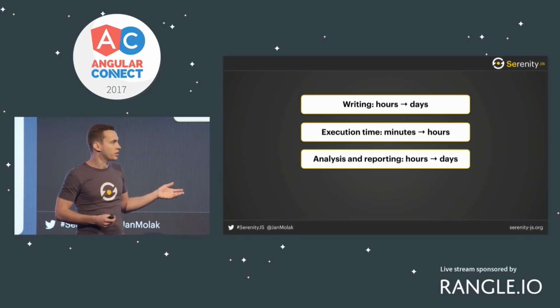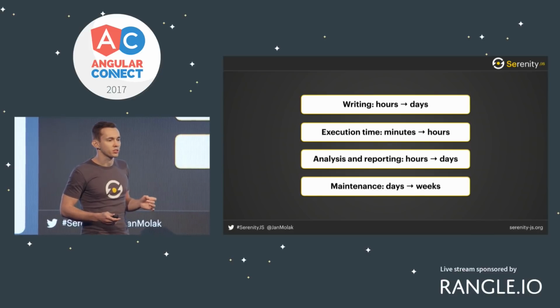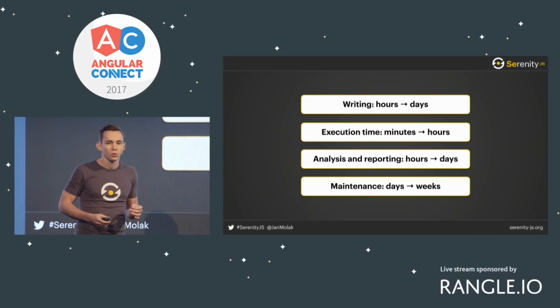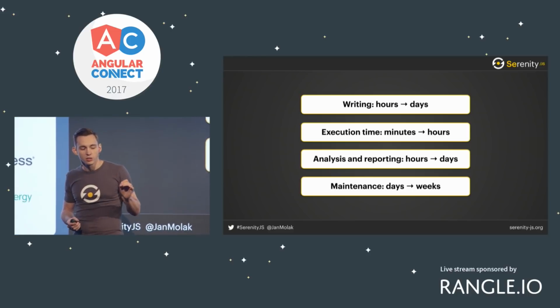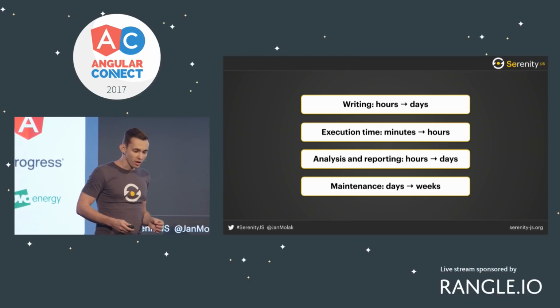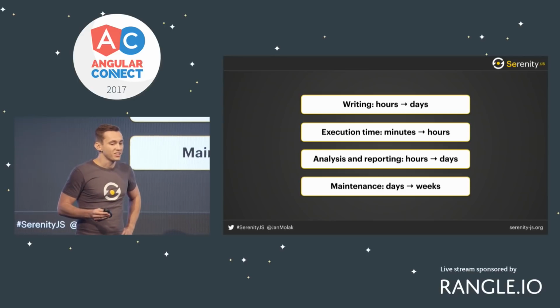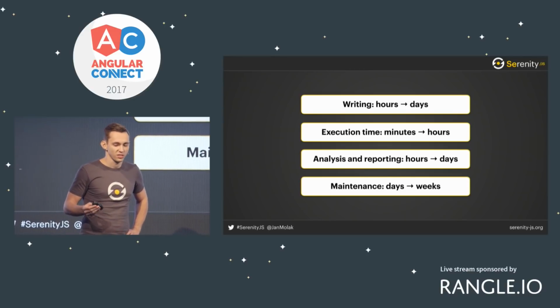Very often, this can take hours or days. Now, what about the time it takes us to maintain our code base? Well, here, days can turn into weeks, weeks into months, and our life into misery. Now, this is crazy, but does it have to be this way?